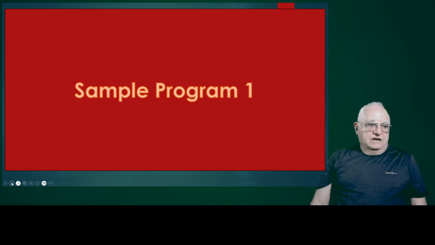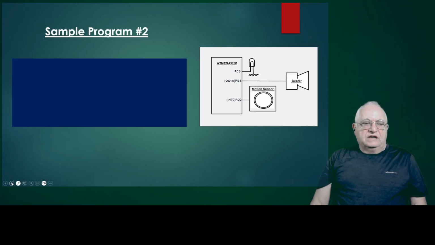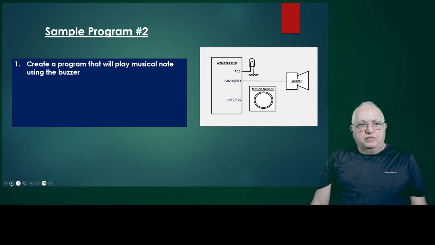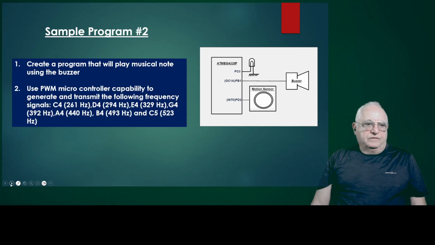So let's go to our second sample program. In this case, we're going to use our microcontroller hooked up to the motion sensor, and we're going to generate different sounds. So we learned how to use the buzzer. Create a program that will play music notes using the buzzer.